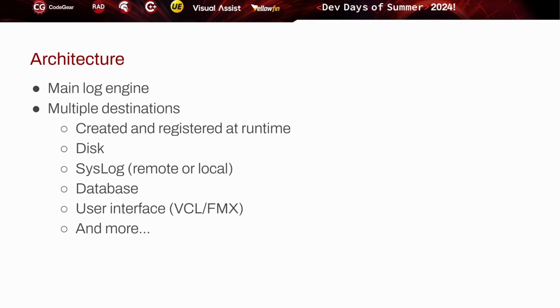And this engine just receives the logs, but the actual writing of the records to the different destinations is done in different objects. And these objects are created and registered at runtime.